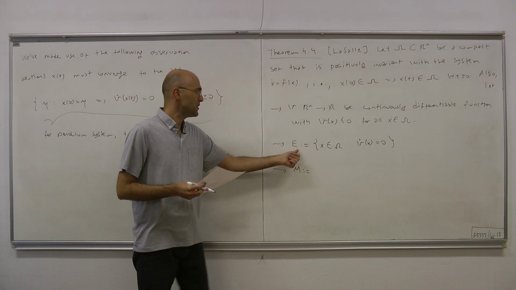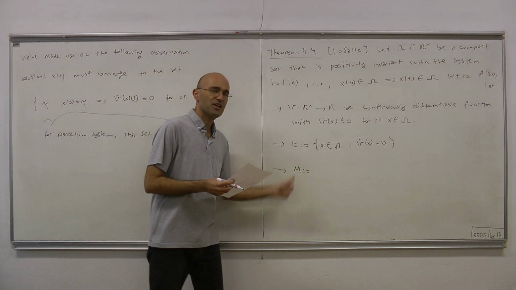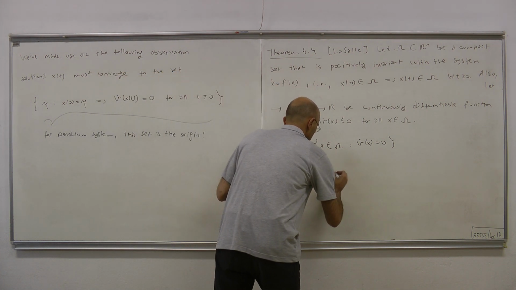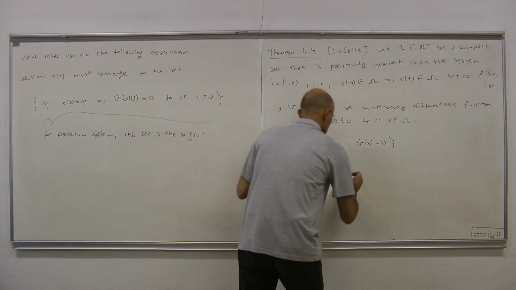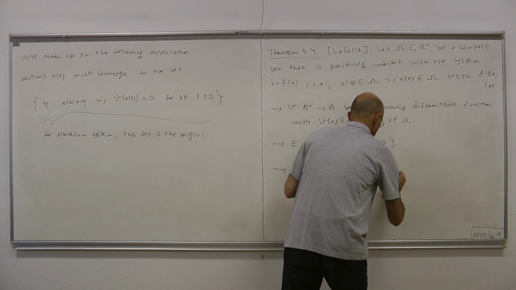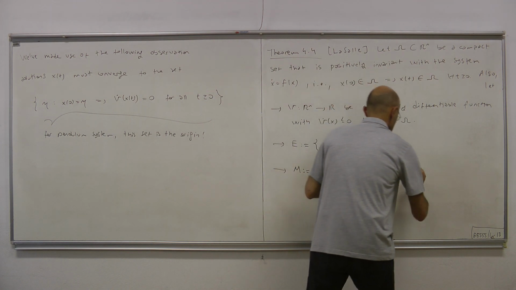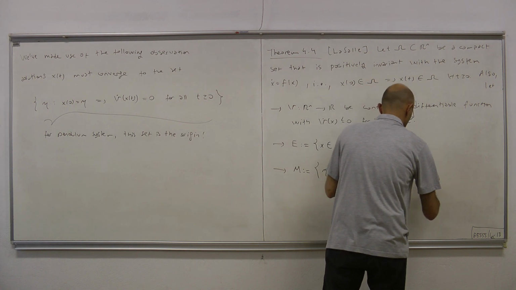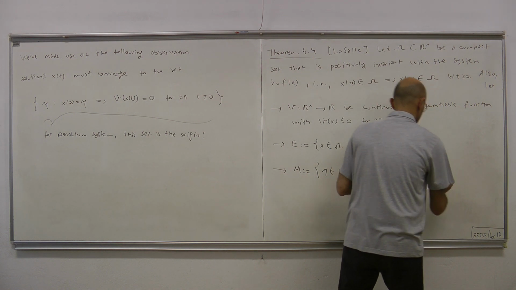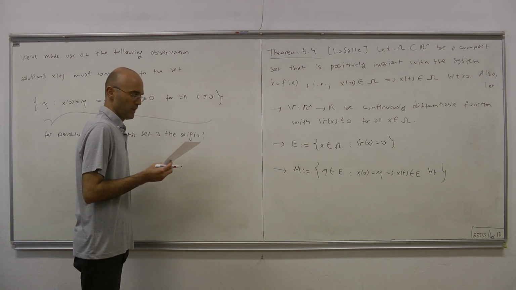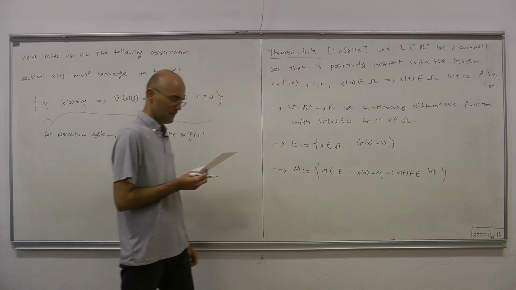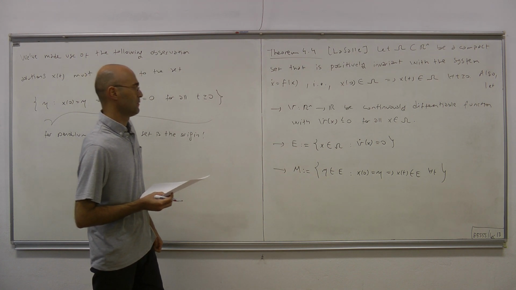So E is a subset of omega and M is a subset of E, defined as follows: a point A belongs to E such that x0 equals A implies x of t is in E for all times. And this M is called the largest invariant set in E.